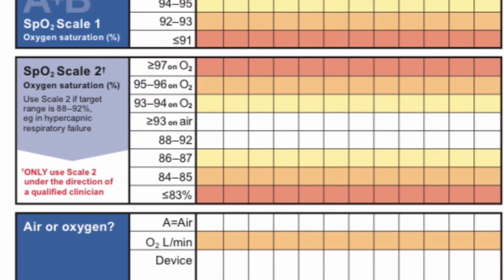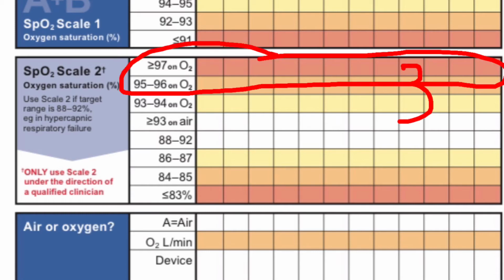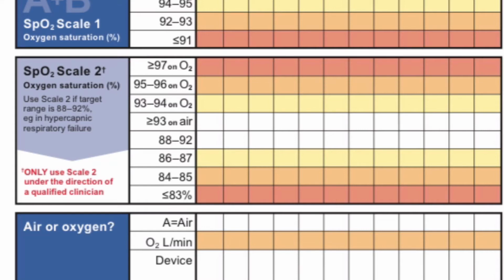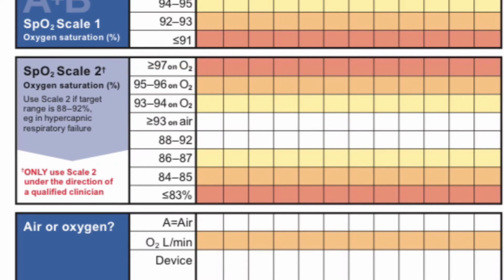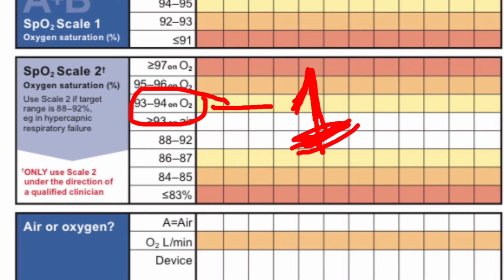If it is 97, then you have to think about whether the patient is on oxygen or without oxygen. So in the first one, 97% or above saturation on oxygen is a NEWS of 3. 95 to 96 on O2 is a NEWS of 2. 93 or above on air is a NEWS of 0.